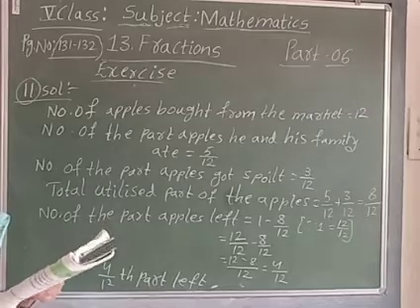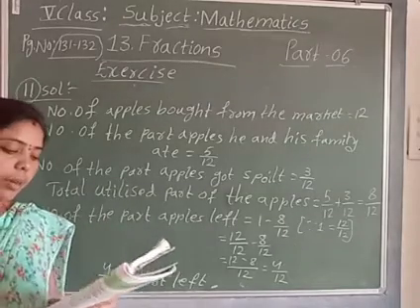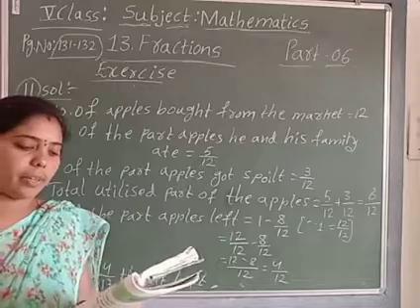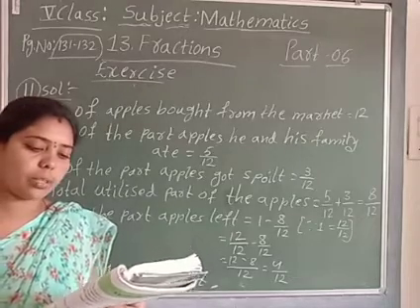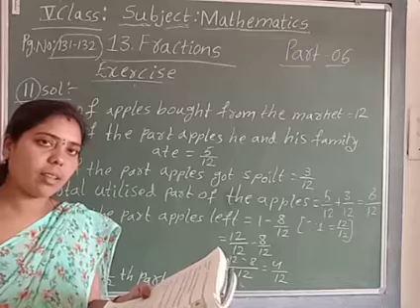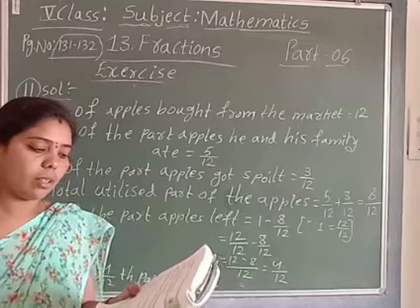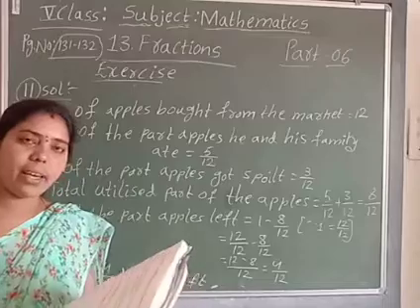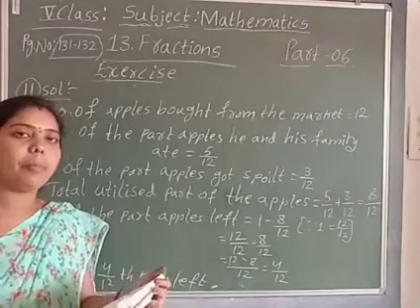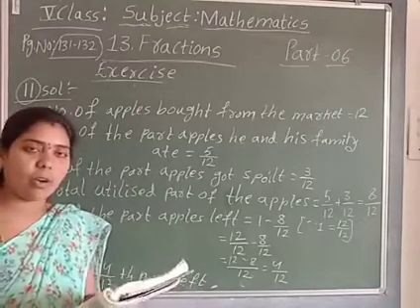See, the remaining problems are also the same like that only, children. Mohan got 2 by 5 part of chocolate, Renuka 3 by 5 part. So who got more? Very easy, no? Which one is more, 2 by 5 or 3 by 5? Which fraction is greater? That one only is more.